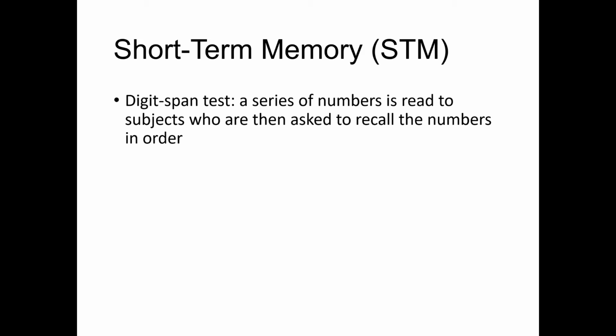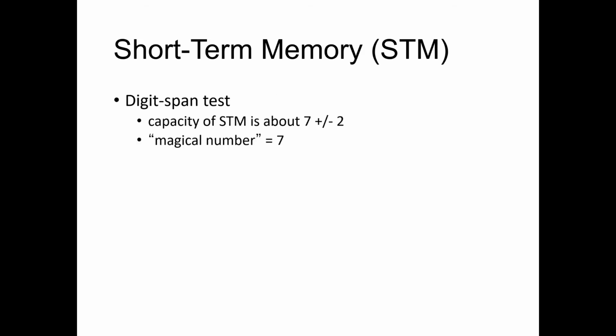And the reason why I did it with 7 digits is because that is known as the average number of pieces of information we can keep in our STM, or short-term memory. So again, the capacity of STM is about 7 plus minus 2, so ranging from 5 to 9. But because 7 is the average, it is also said to be the magical number 7.